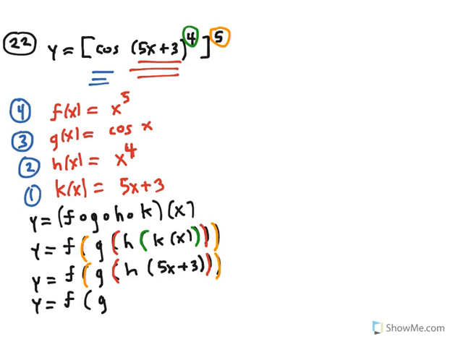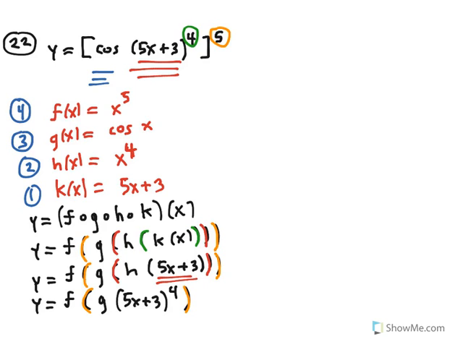So now we're going to take the output from our first function, where the input for the first function is x. And what does the first function do with the input? It multiplies by 5 and adds 3. So the output from the first function is 5x plus 3. The second function will take the output from the first function and raise it to the 4th power. So now we have 5x plus 3 to the 4th power.